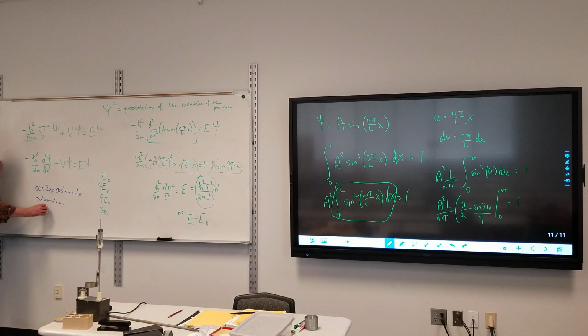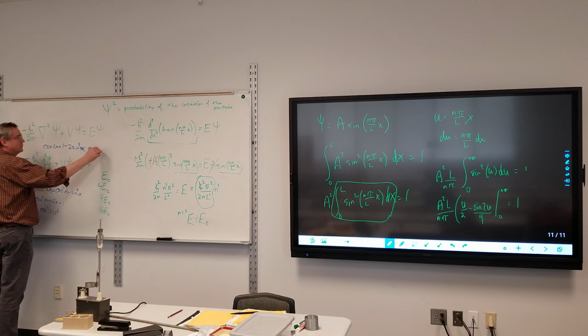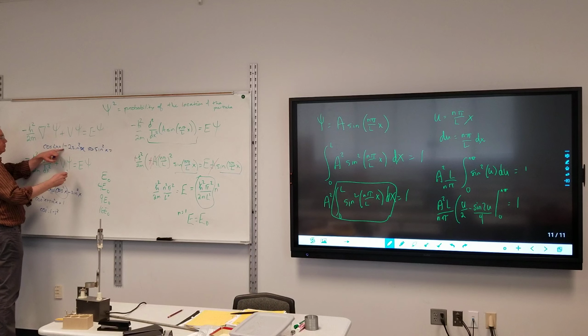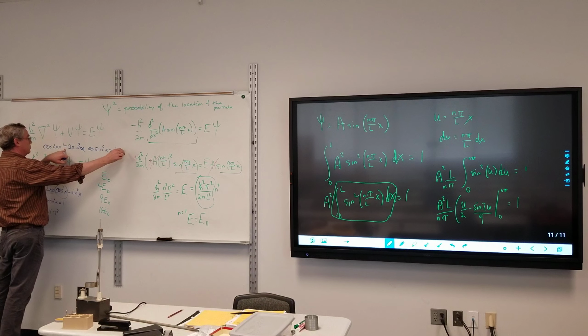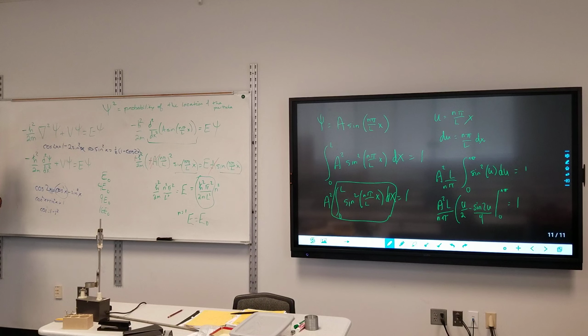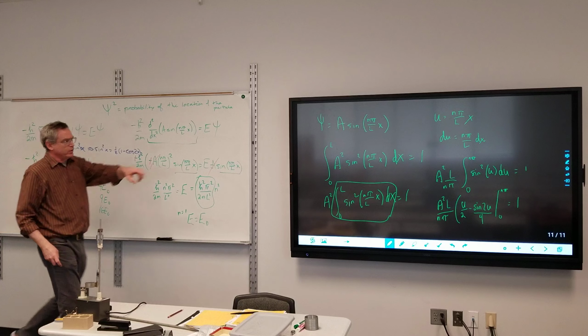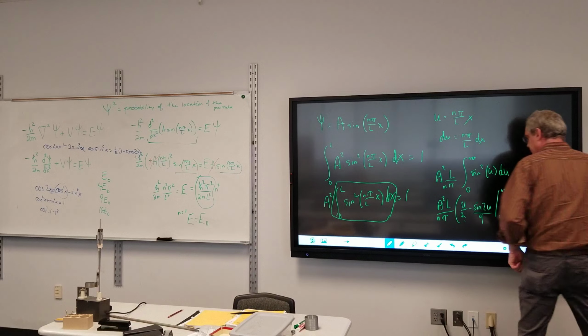So therefore cosine squared is equal to 1 minus sine squared. Plug that in, and so we end up with cosine of 2x equals 1 minus 2 sine squared x. Therefore, sine squared x is equal to 1/2 of 1 minus cosine 2x. Then you integrate that. So that's why you get a sine of 2x there and where the 1/2 comes from.